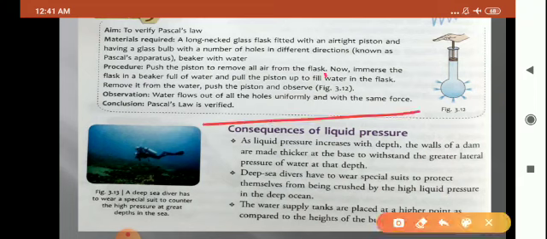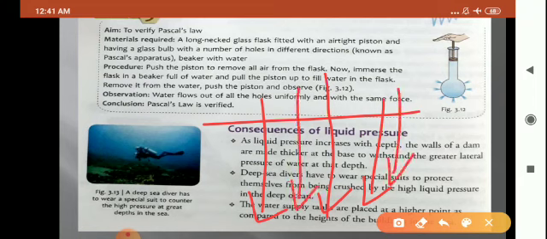पानी में आप जितना नीचे जाओगे, as you go more deep inside any water system, so what you will find that more will be the pressure exerted by a liquid. इसीलिए that is the reason that these sea divers, they wear special suits so that their body can get prevented from being crushed by the high liquid pressure. क्योंकि पानी के अंदर deep inside the sea water, the pressure exerted by the water is very more, इतना ज़्यादा होता है that you may even get any heart attack also, इतना ज़्यादा pressure होता है वहाँ पर.